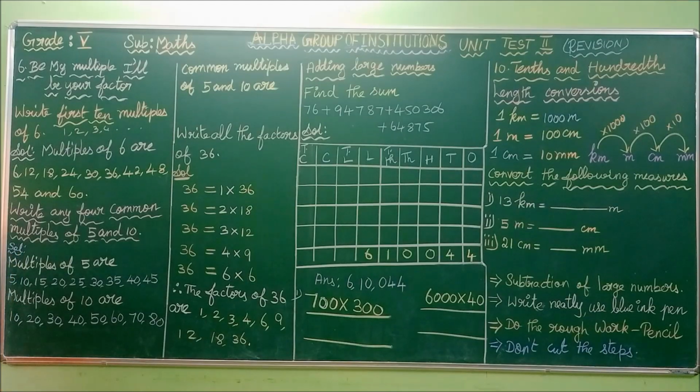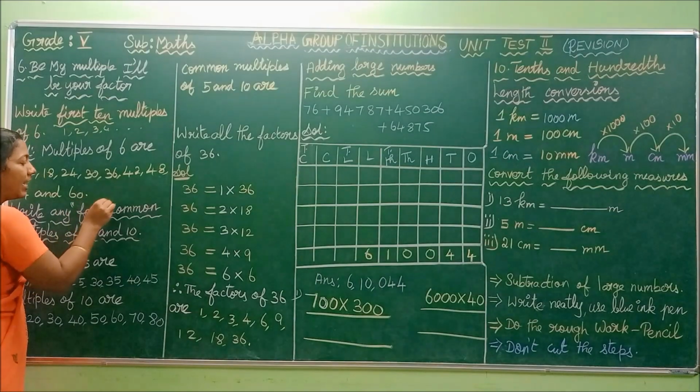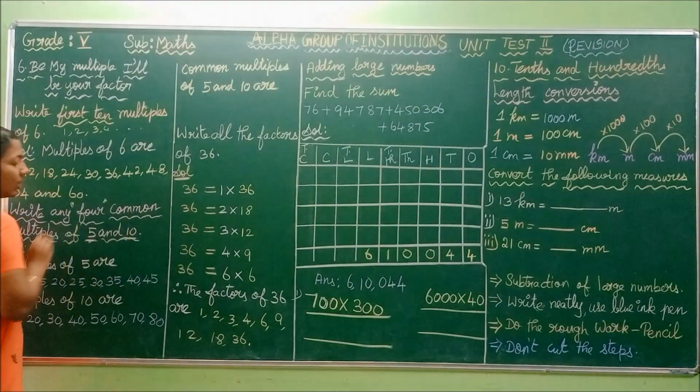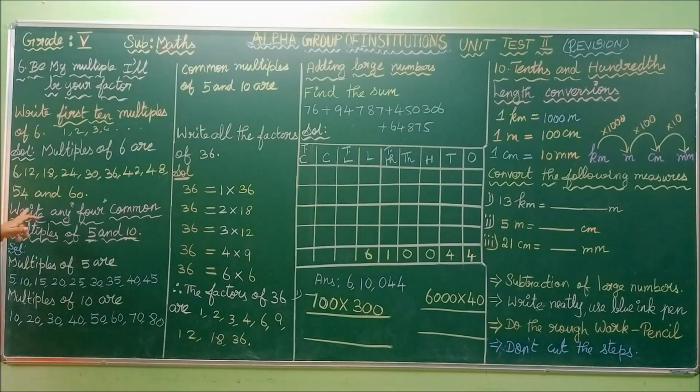Okay. Next we are moving to the concept of common multiples. How can you write the common multiples of two given numbers? In that question they are specifying you have to write any 4 common multiples of the given numbers 5 and 10.